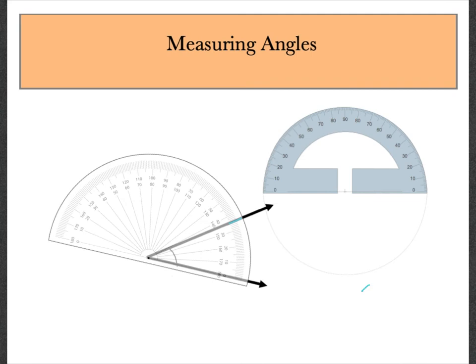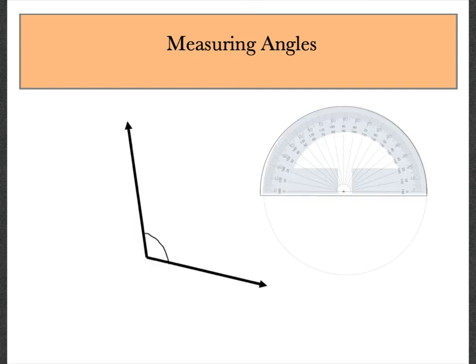So this angle is going to be 135, or sorry, not 135. Goodness gracious, 35 degrees, not 135. And the reason we know it's not in the hundreds is because we looked at our numbers, 0, 10, 20, 30. So it's going to be 35. Sorry for that.